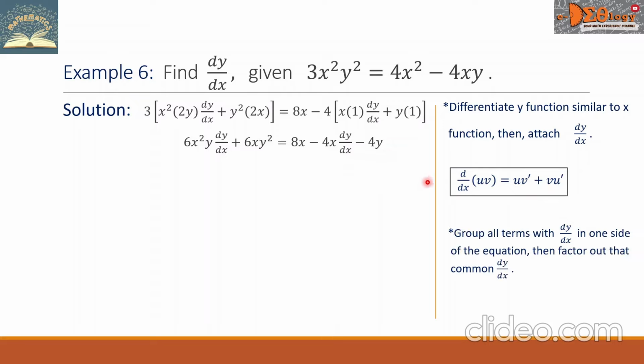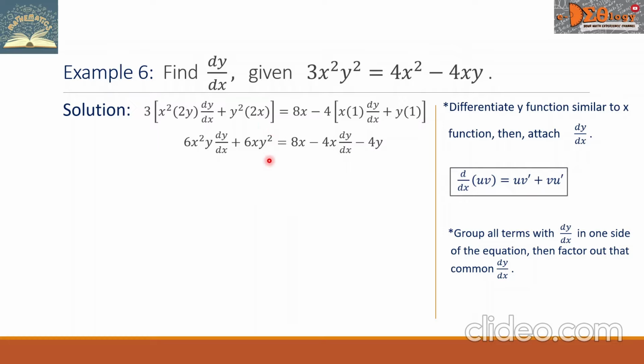Next step is we're going to group all terms with dy over dx in one side of the equation. Then factor out that common dy over dx. Look at this term. It has dy over dx. We will transpose to the left. Look at the 6xy squared.